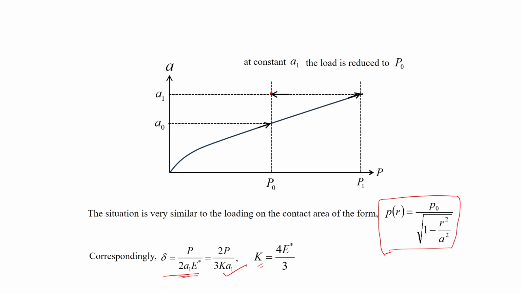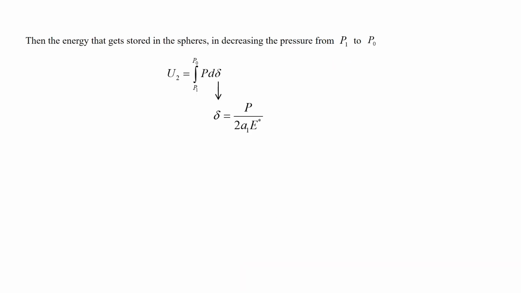Now, in order to find this part of the elastic energy, we consider that pressure is decreased from P1 to P0, and P into d delta is the infinitesimal energy. Remember A1 remains constant here, so d delta is dP by 2 A1 into E star.